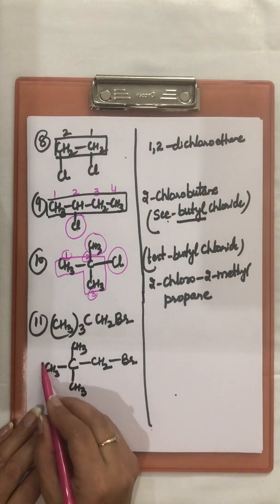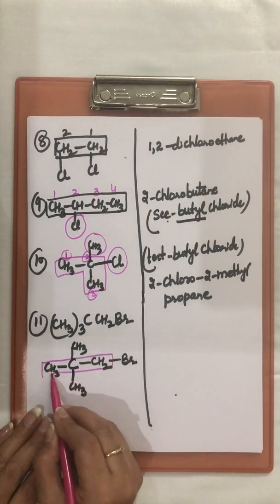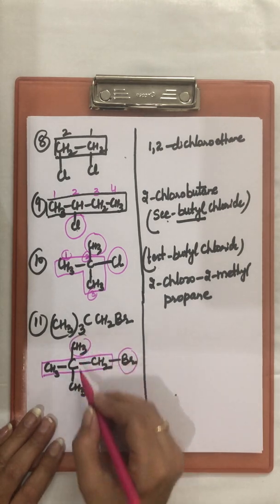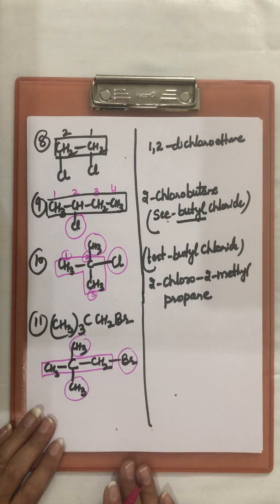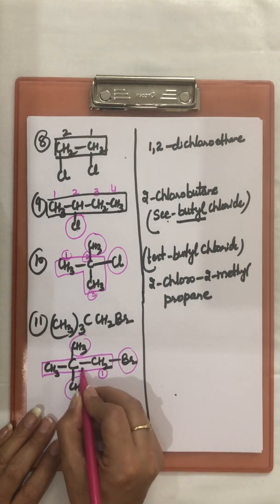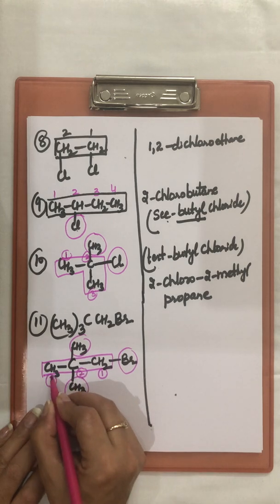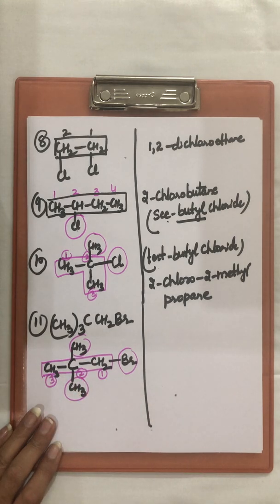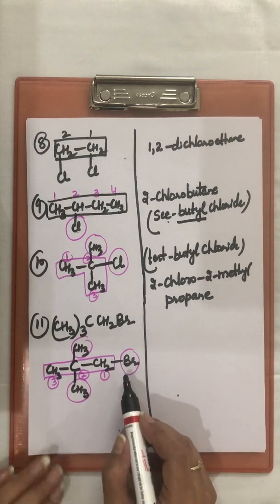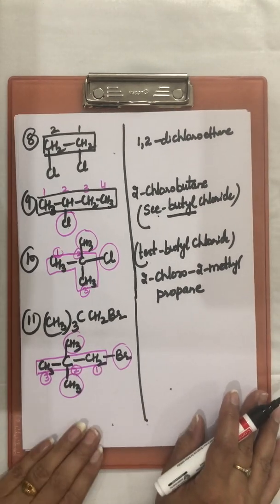Now the parent chain is this. Maximum we can have 3 carbon atoms only, and these 3 will become the substituents. Numbering will be done from this side, because on this side the sum will come out to be lowest. Now write the IUPAC names of the substituents first of all in alphabetical order.